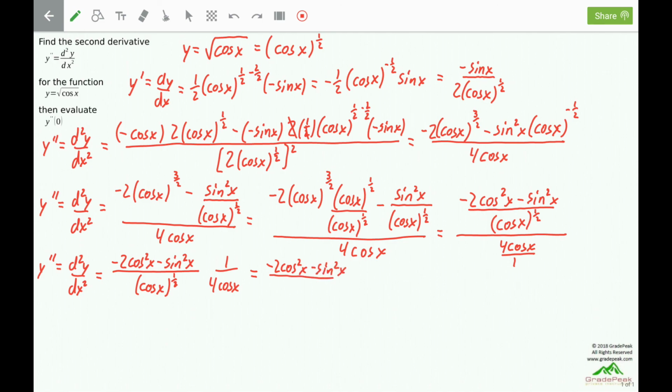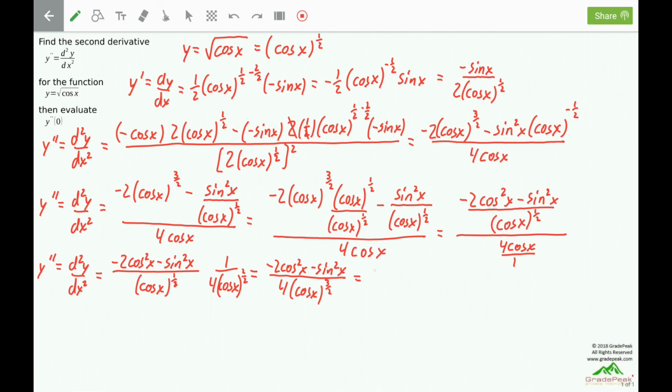And multiplying the denominators, I'm going to have a 4, and then I have a cosine to the 1/2 power here, and I have a cosine to the 1 power, which can be thought of as 2/2 power, and you can add the exponents. That's going to give us a cosine of x to the 3/2 power.